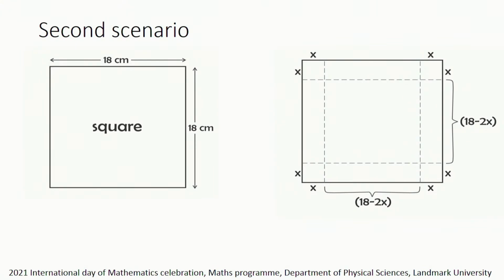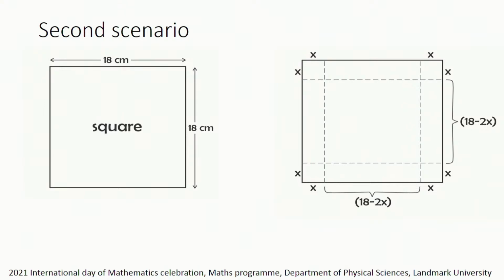Look at the base. I remove x from the left, I remove x from the right, so I'm left with 18 minus 2x, because the length must be 18 when I add everything together. This is a simple approach to the problem, very good, and it's really working.